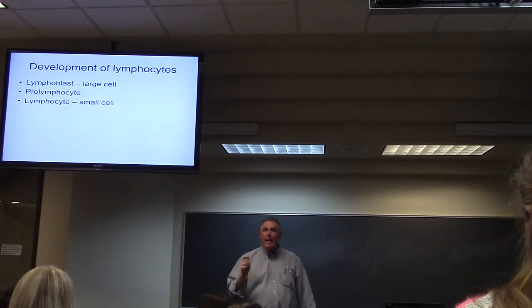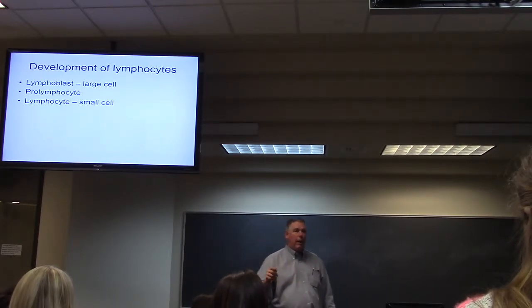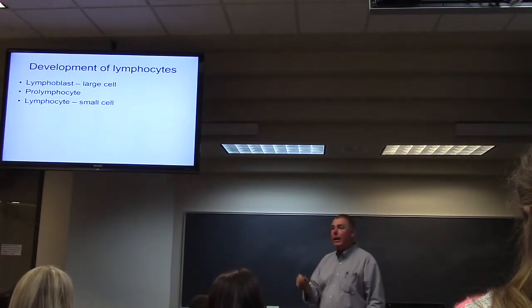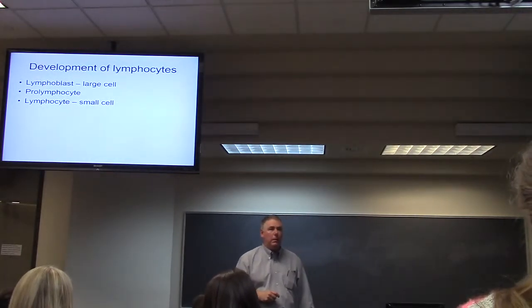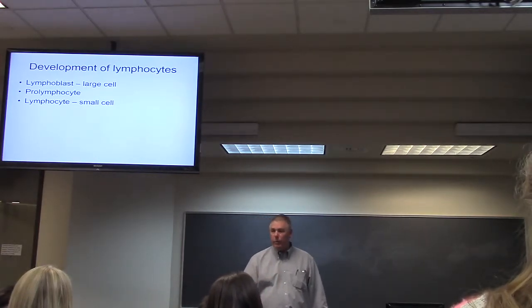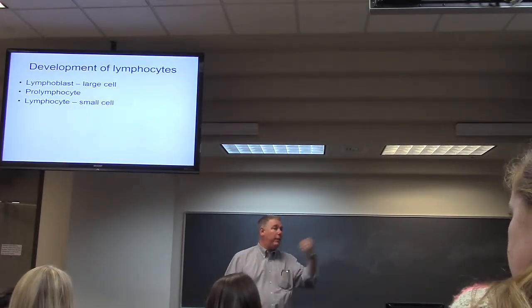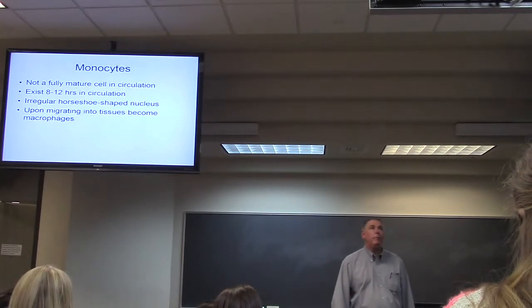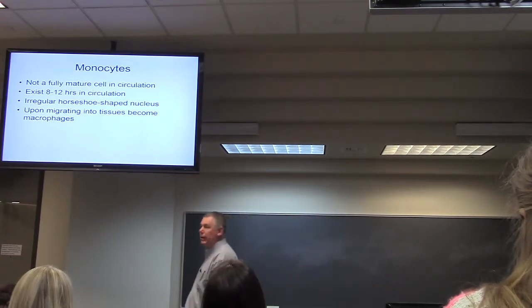In AML, acute myelogenous leukemia, or chronic myelogenous leukemia, CML, the malignant cell type is a granulocyte. So when they start talking to you about the different leukemias this week, that's basically what they're talking about. It's either coming from the lymphocyte cell line or the granulocyte cell line. It's that simple.